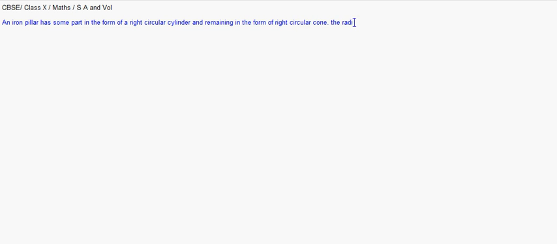The radius of the base of each of cone and cylinder is 8 centimeter.